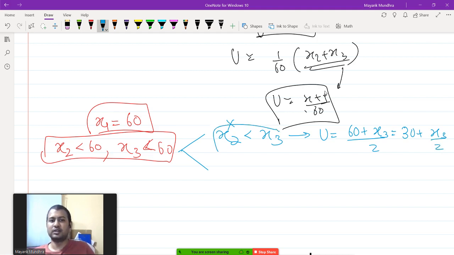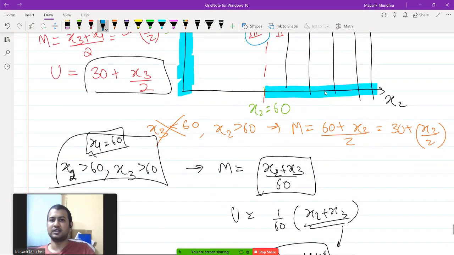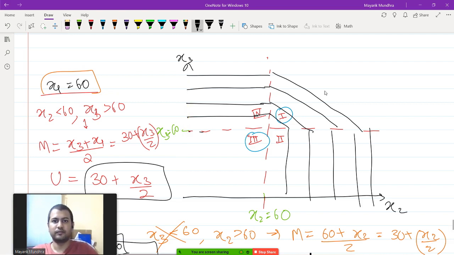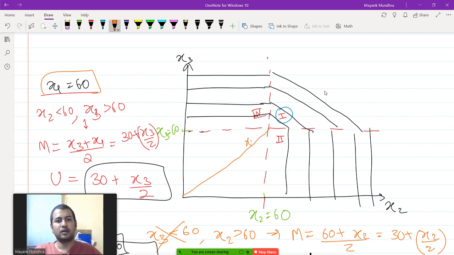So in the region x2 less than x3, what is x2 less than x3? Let me erase a few things now. I need to plot x2 less than x3. So this is your line x2 equals x3. This is the region for x2 greater than x3 and this is the region for x2 less than x3.